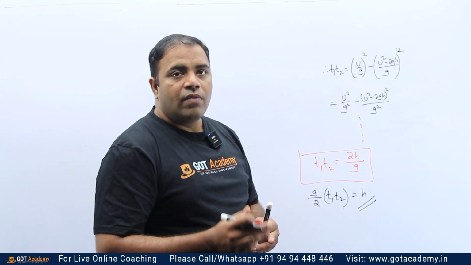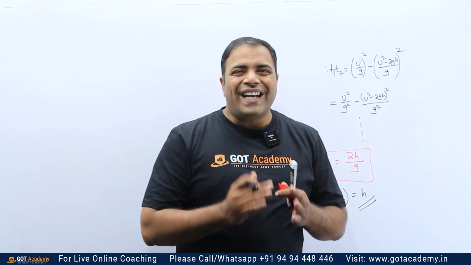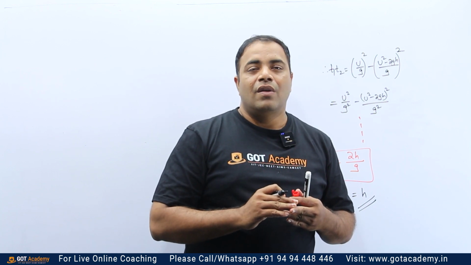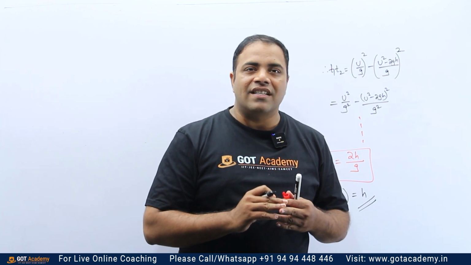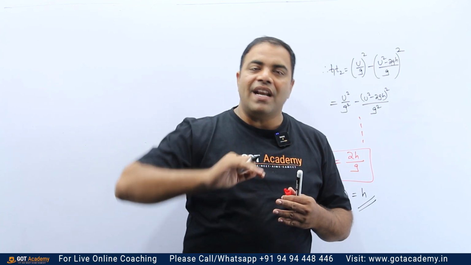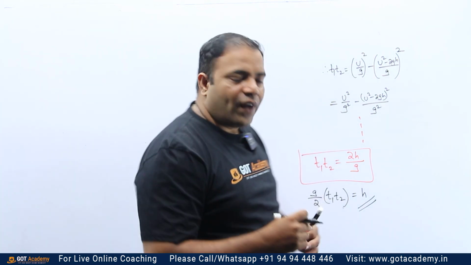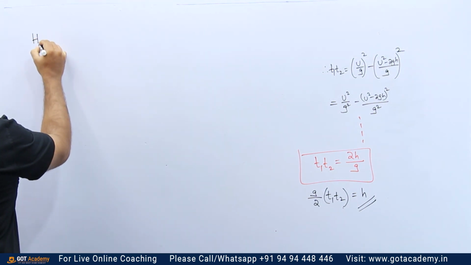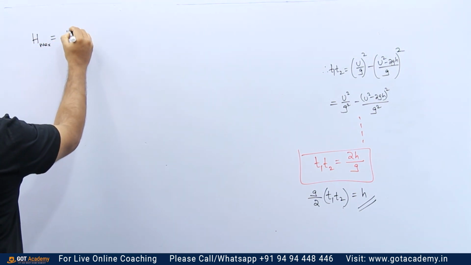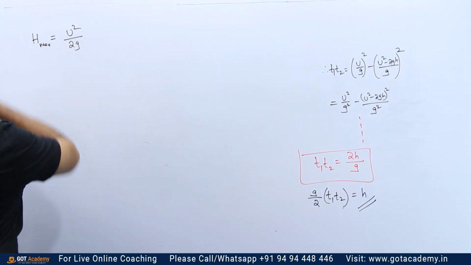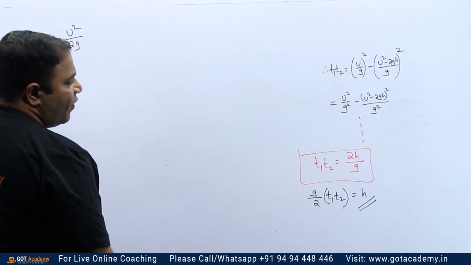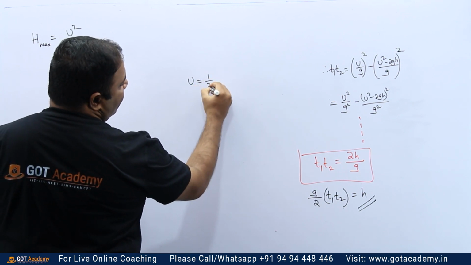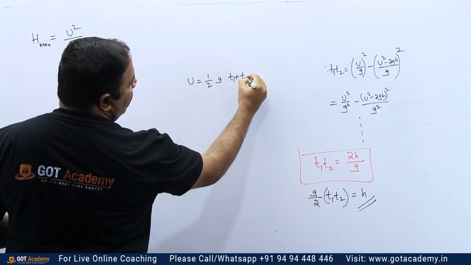Okay. Now the fifth case: what is the maximum height of the body that has been projected? How do we find it? In the initial cases, we studied that the maximum height formula is u square by 2g. What is the value of u? Previously I told you that u is equal to half g into (t1 plus t2).